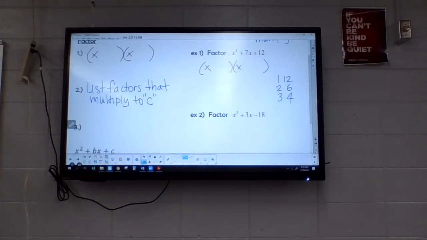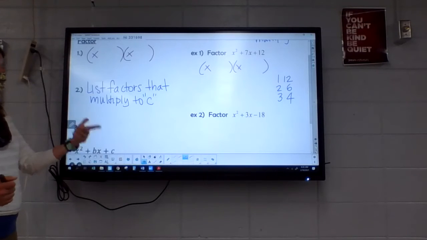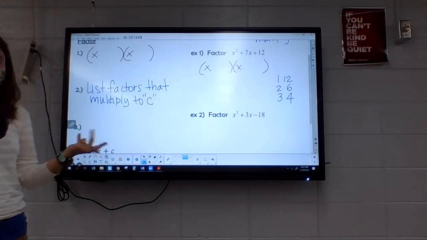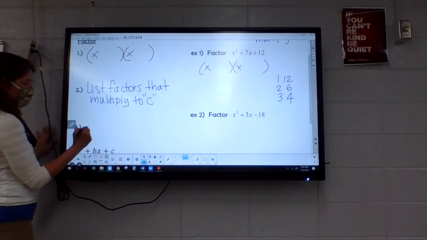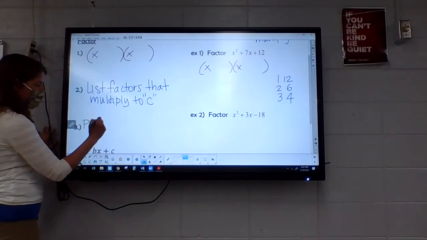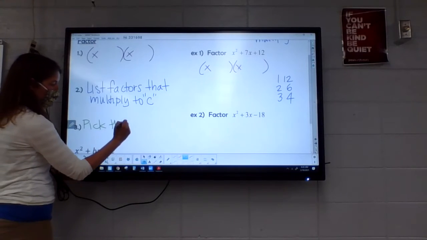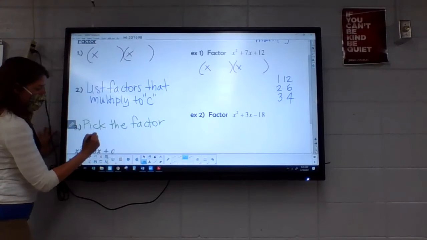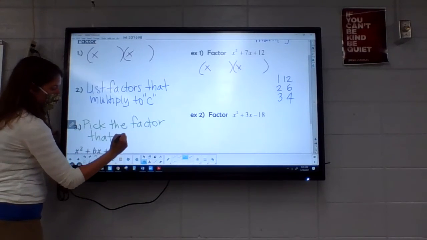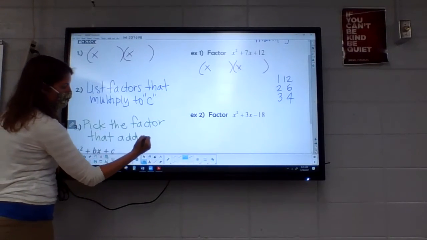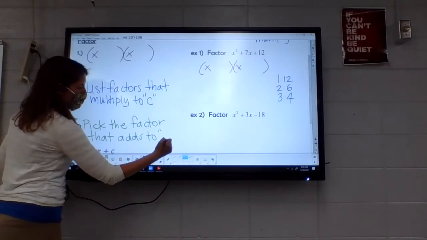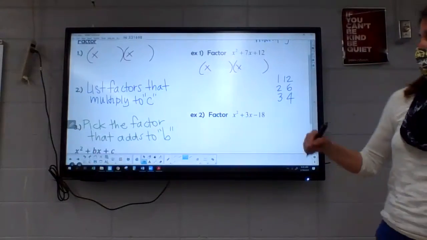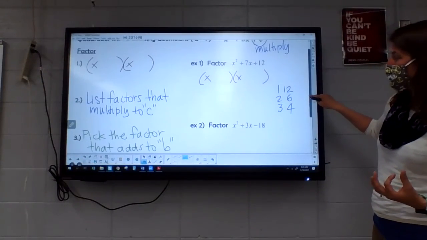So then out of that list, we want to find the factor that adds to give us that middle term. So in this case, 7, or our B term. So we're going to pick the factor that adds to B. And again, I'm just using this as a general rule, so that's why I'm trying not to use their numbers.